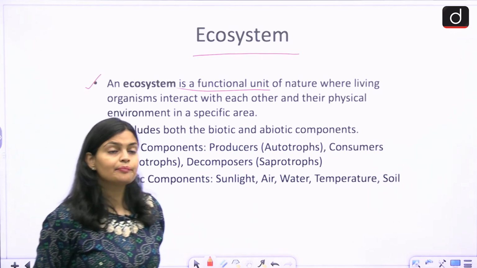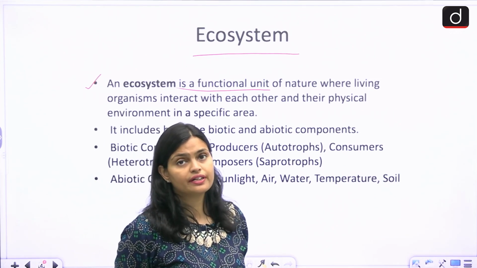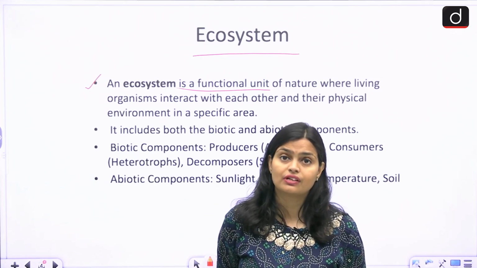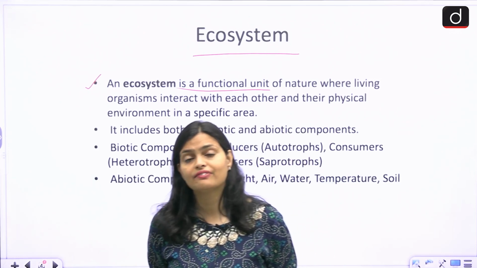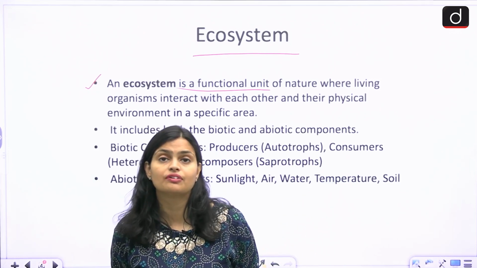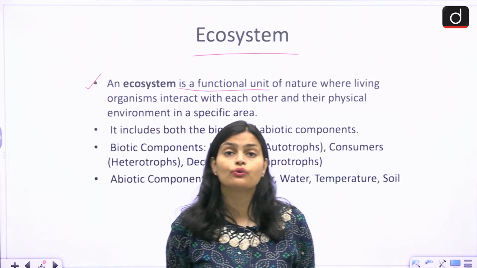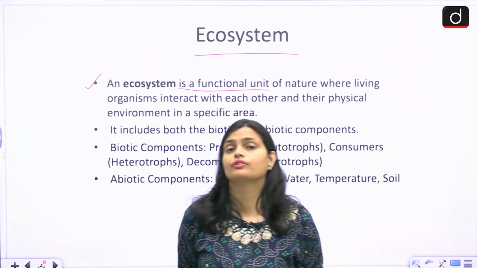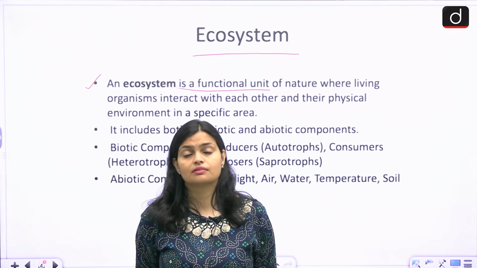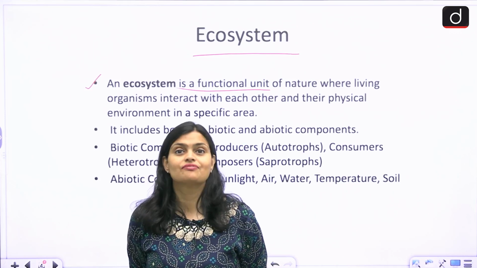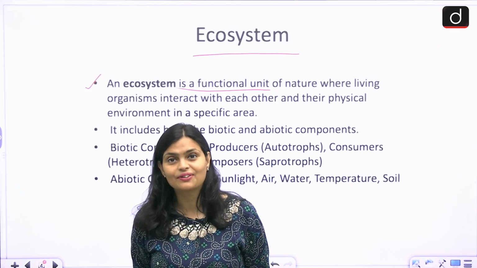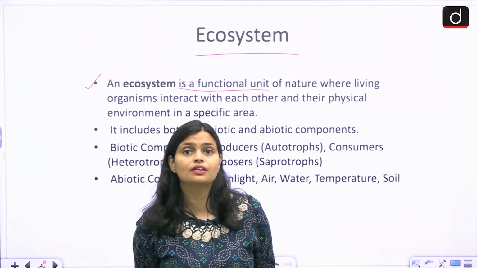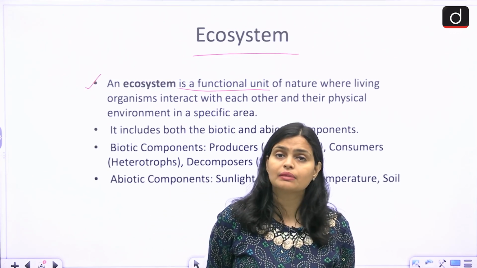In the previous section, you have already learned what you mean by functional unit. We have learned nephron is the functional unit of kidney, neuron is the functional unit of your nervous system. Again, cell is the functional unit of all living organisms. So what does this functional unit mean? What does unit mean?